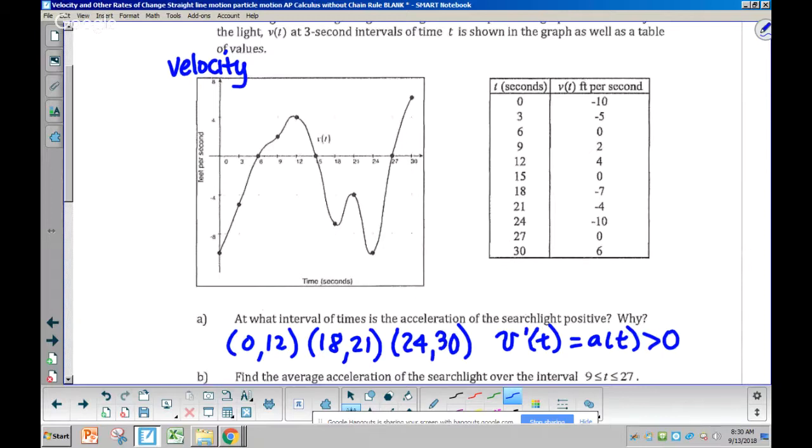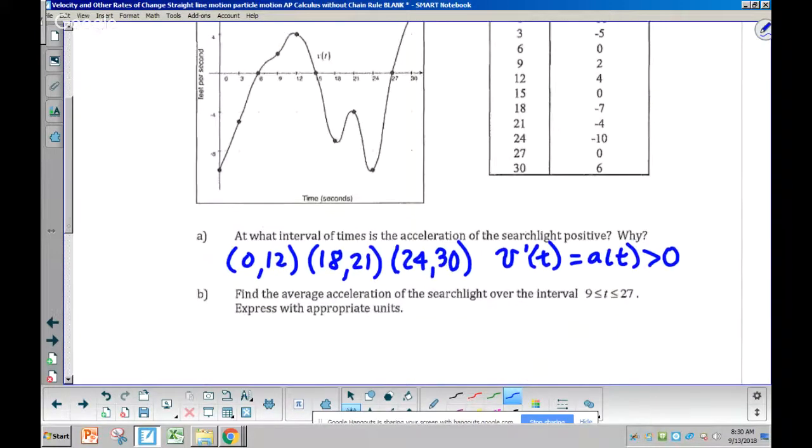Okay, so find the average acceleration of the searchlight over the interval 9 to 27. So this looks like I need average acceleration. Am I touching the acceleration? No. So I'm going to say average acceleration from 9 to 27.